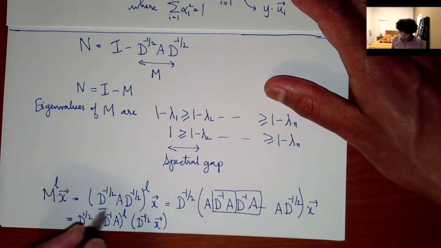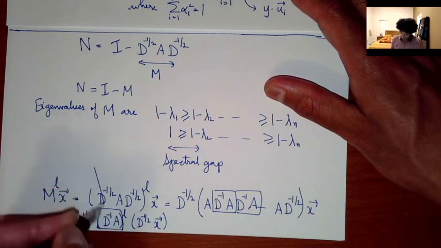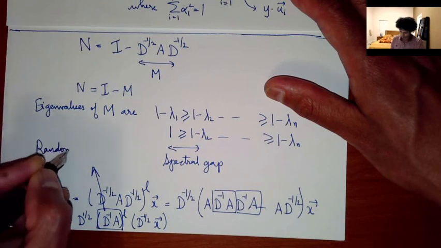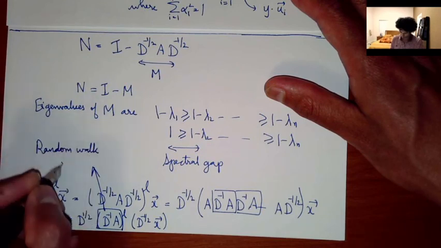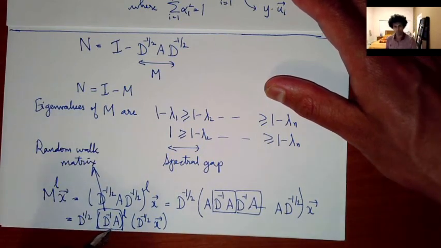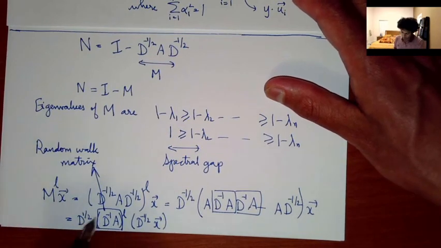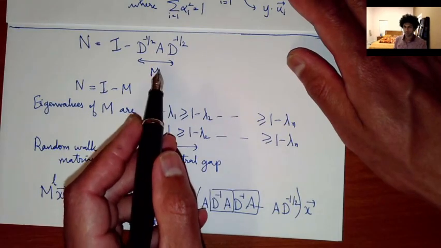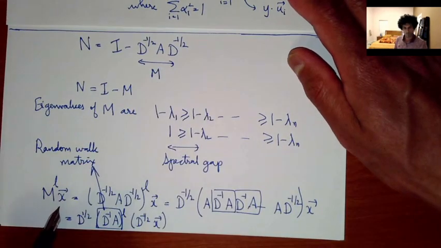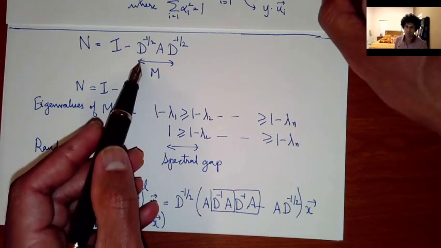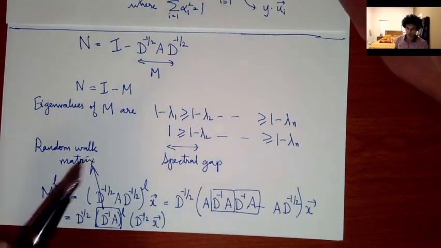So this matrix here is the random walk matrix. That is, if you were to do random walks on the graph, then you end up with this matrix. And therefore, the behavior of a random walk is intimately connected. This is doing a random walk of length L. The behavior of the random walk is intimately connected with the behavior of M to the L times x.